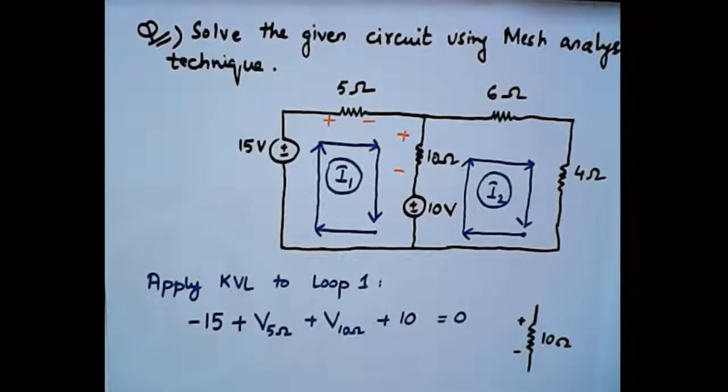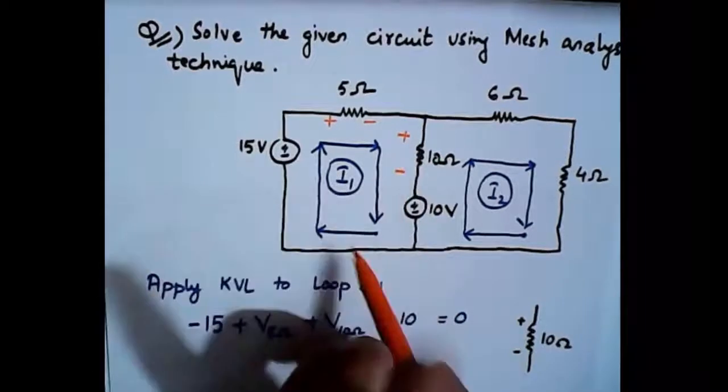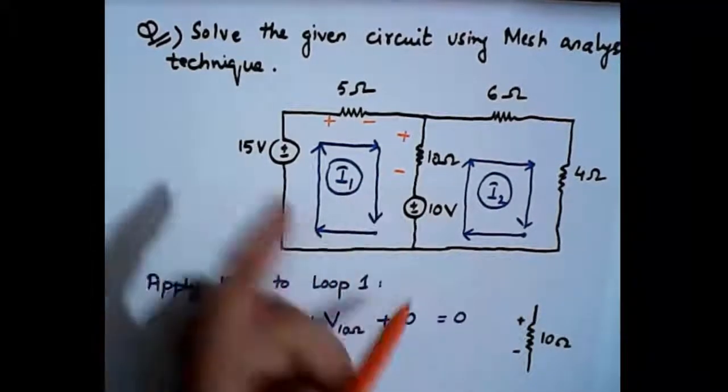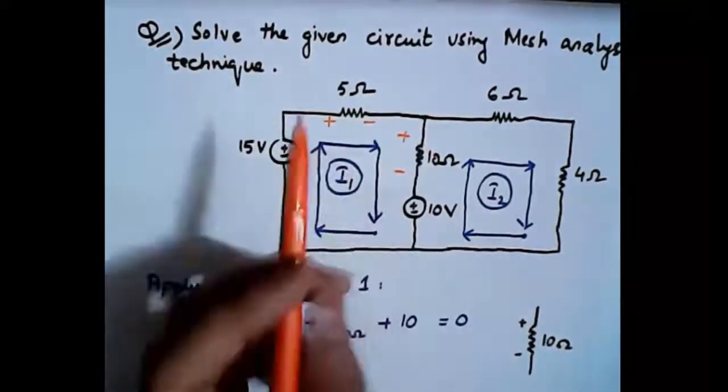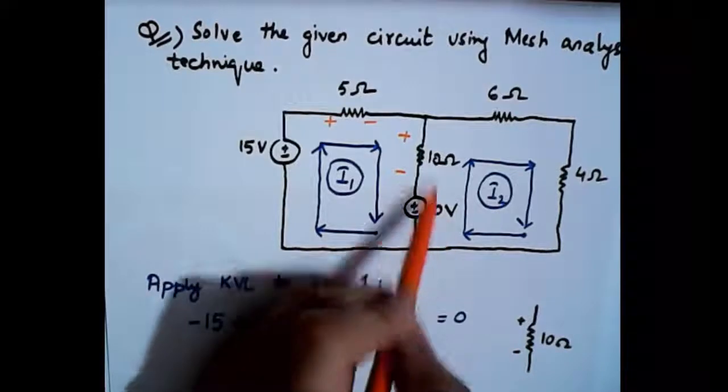Now analyze this circuit. How much is the current passing through this resistance? Very importantly, this resistance has two currents flowing through it, right? Which two currents? The first current is I1 and the second current is I2.